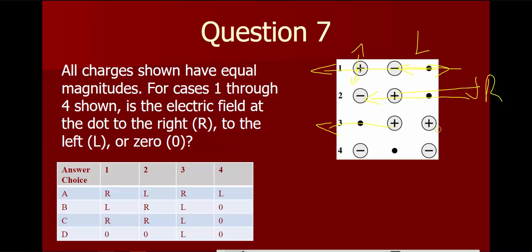Out. This one in or out? Out, so that has to be to the left. What about this one? So this one goes in or out? In. What about this one? Which one's bigger? This one's bigger. Wow. Does that make sense?